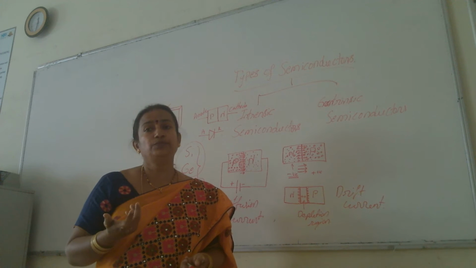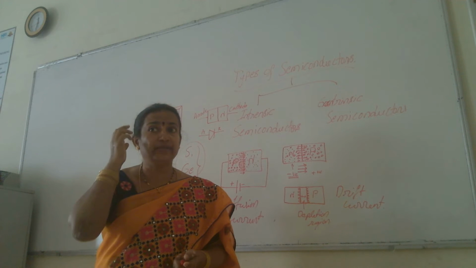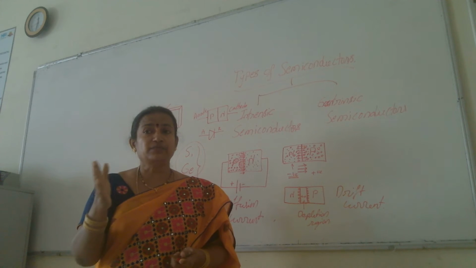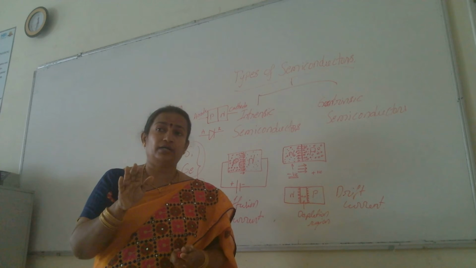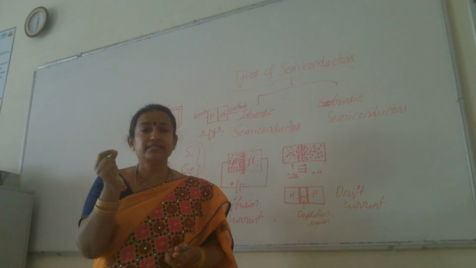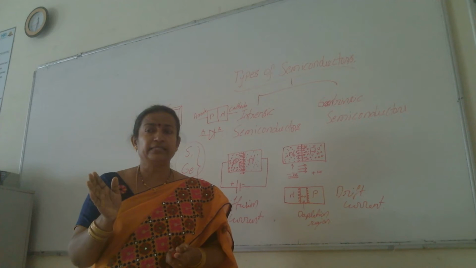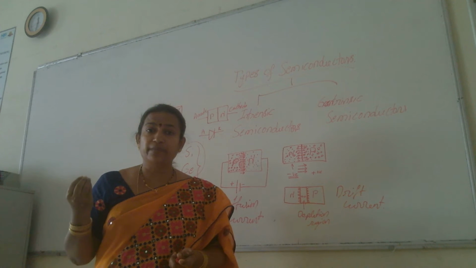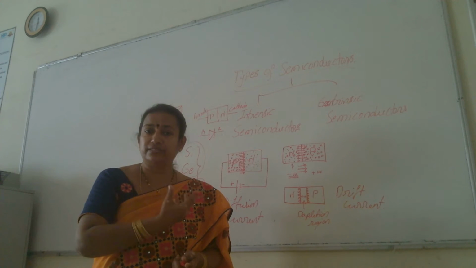In that case, what to do? Those who are actually concentrating on the teacher's lecture will have more energy and more charge carriers in their brain. Now the second category: a few members are in a dilemma whether to concentrate on the teacher or observe something else. Those have fewer charge carriers compared to the first category. Coming to the third category: the body is present, but the mind is totally absent. If the mind is absent, they are not making use of their charge carriers for listening to what the teacher covers.